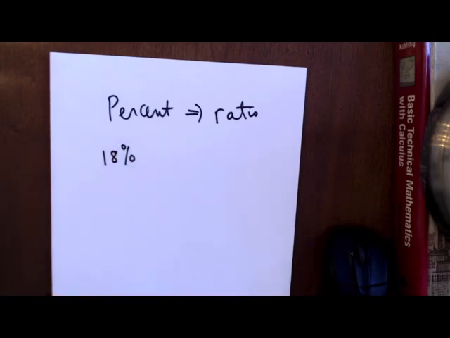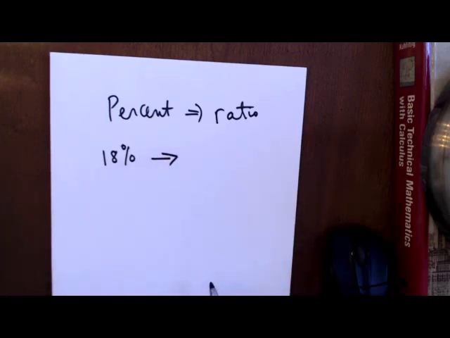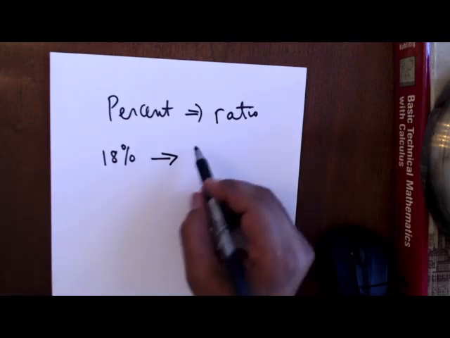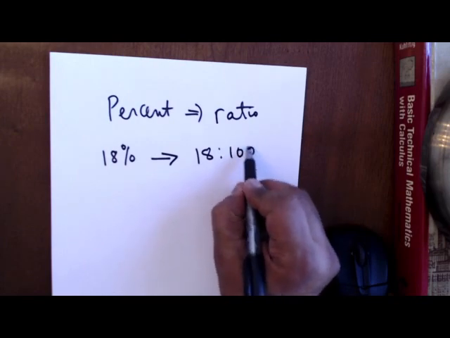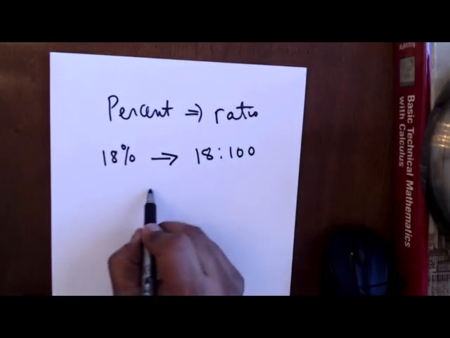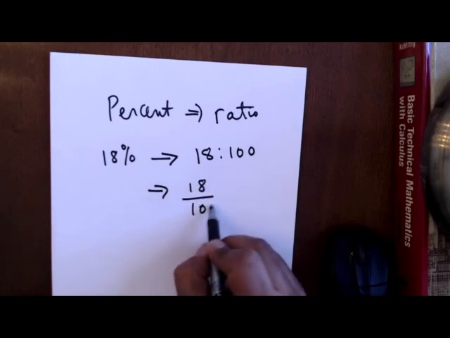That's the number that is given for us, and then we have to convert this into a fraction, right? And the fraction, of course, is a ratio. So this will be 18 to 100. And also, this can be written as 18 over 100, right?